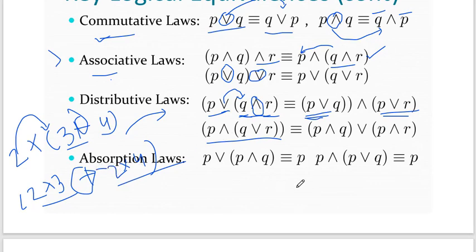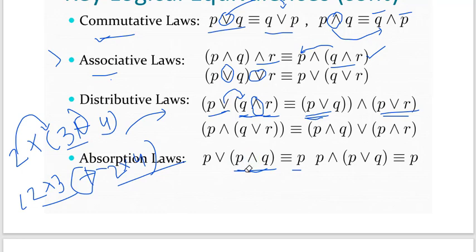And next, absorption law. What is absorption law? If p and q with the help of p or p and q, then it will become logically equivalent to p. Why?